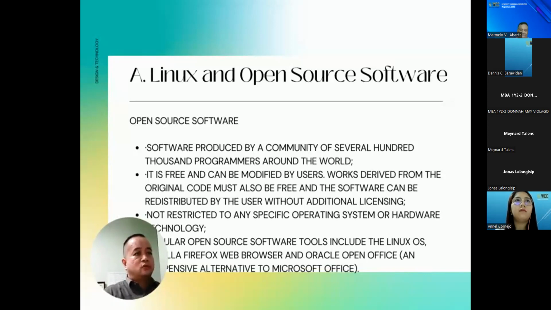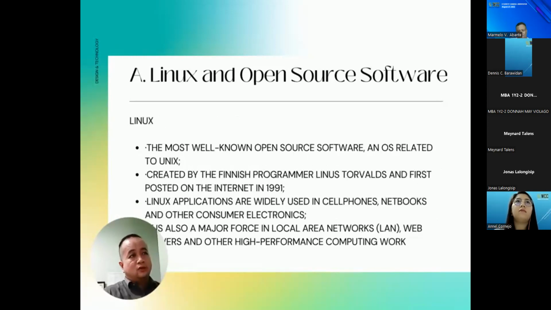Popular open source software tools include the Linux operating system, the Mozilla Firefox web browser, and Oracle OpenOffice, an inexpensive alternative to Microsoft Office. Linux is the most well-known open source software, an operating system related to Unix.